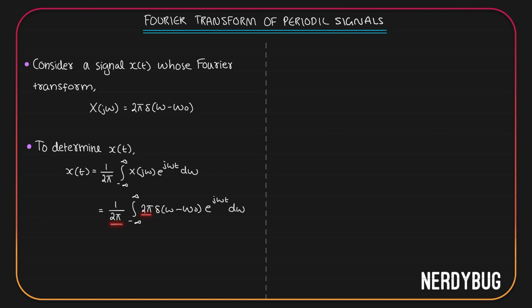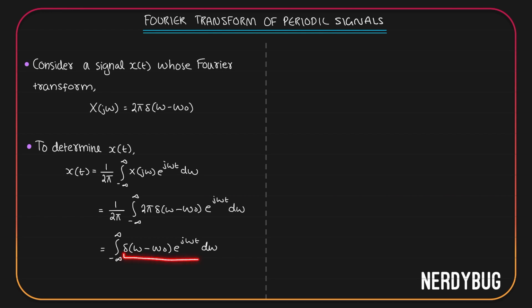We have a 2 pi here, we have a 2 pi here, that can be cancelled. So this simply becomes integral from minus infinity to infinity delta of omega minus omega naught e raised to j omega t d omega. Now we know about delta of omega minus omega naught. It is a shifted impulse function. It will only have non-zero value at omega naught. Everywhere else it is going to be 0. So do we really have to integrate from minus infinity to infinity?